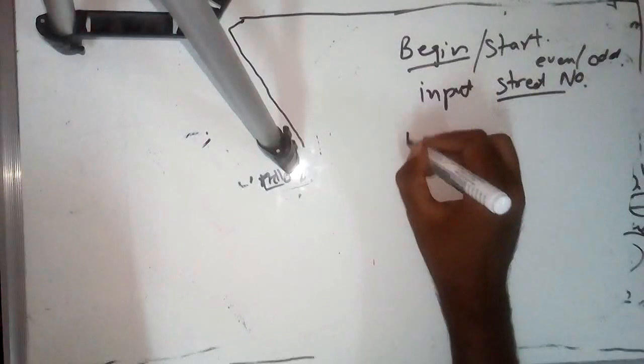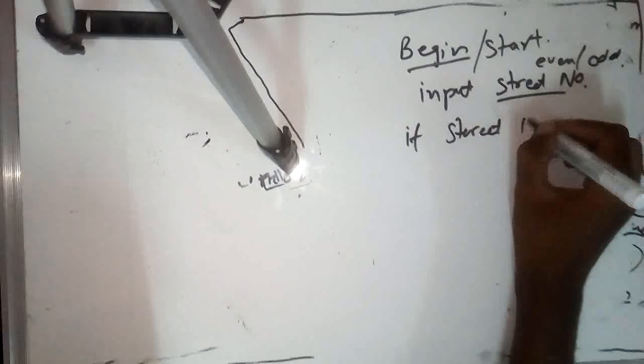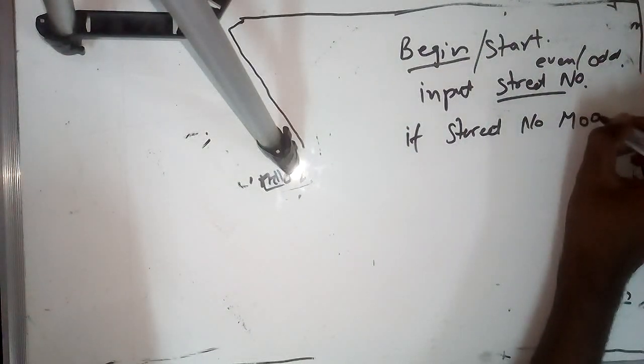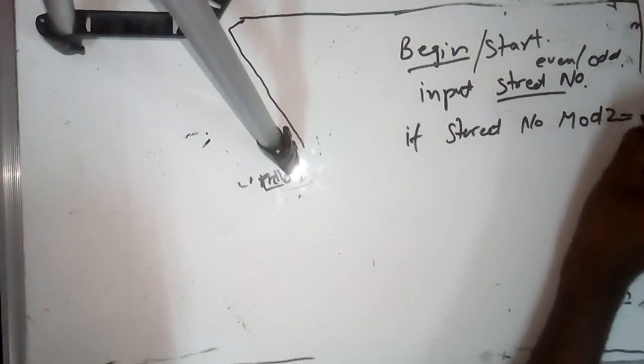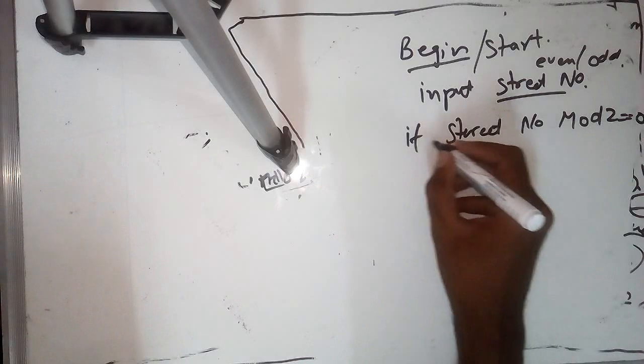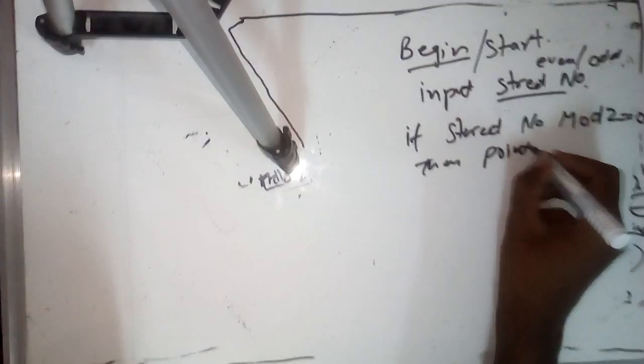If street number mod 2 is equal to 0, then print eastbound.